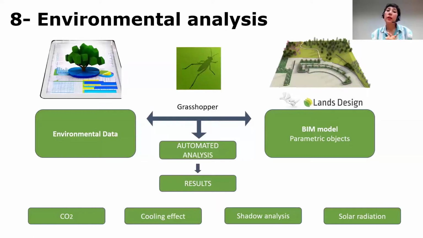We have calculated the cooling effect, so this is also a calculation which is available. We have shadow analysis, so you can see how much percentage of the floor will get covered by plants during different daytime and different seasons. And also we calculate the solar radiation that will get absorbed by plants in Lands Design.